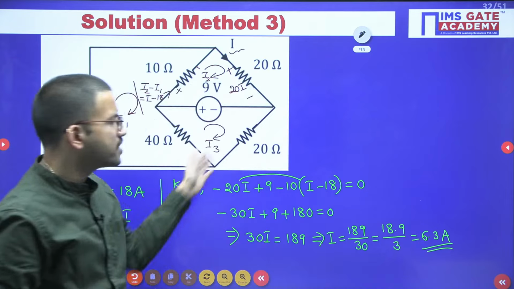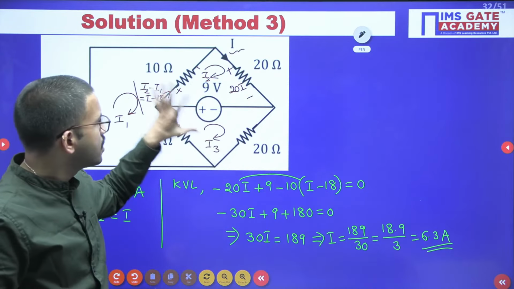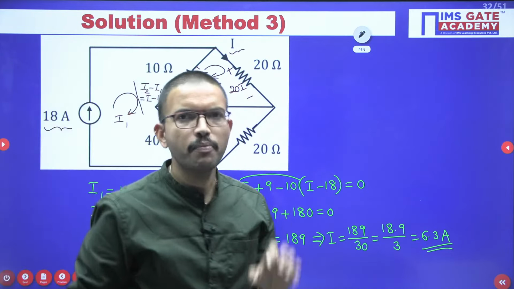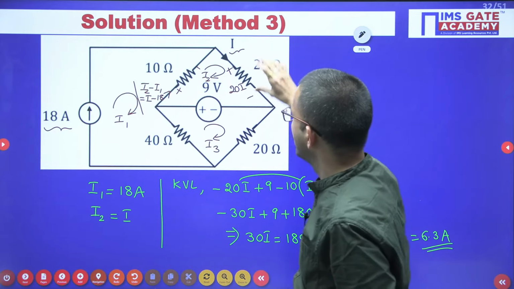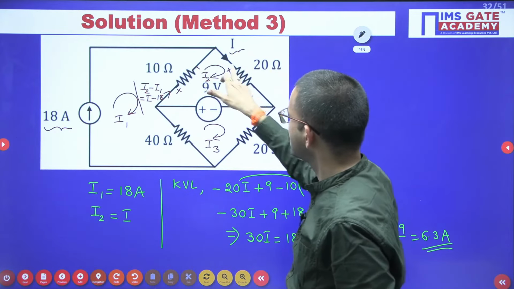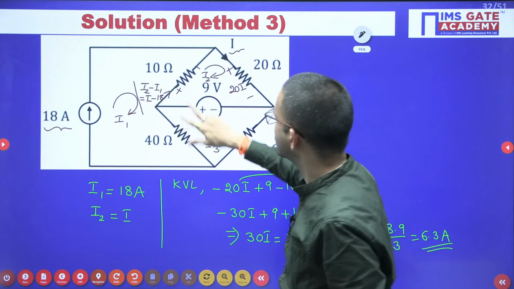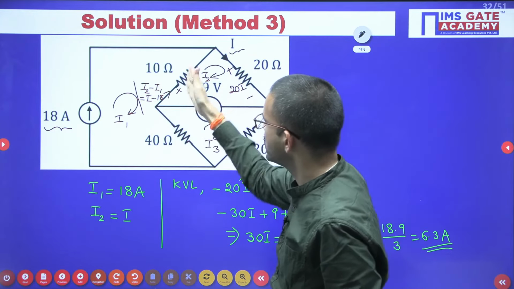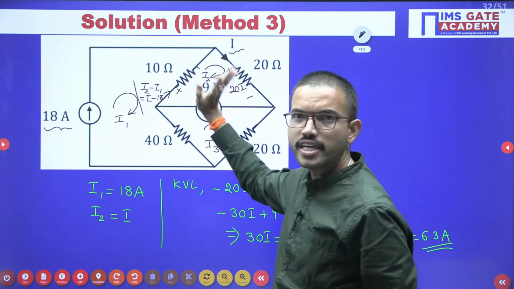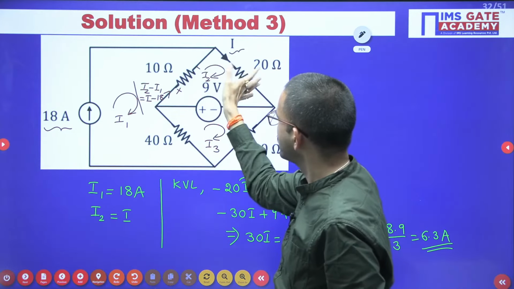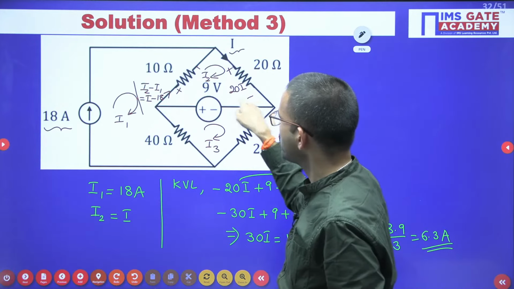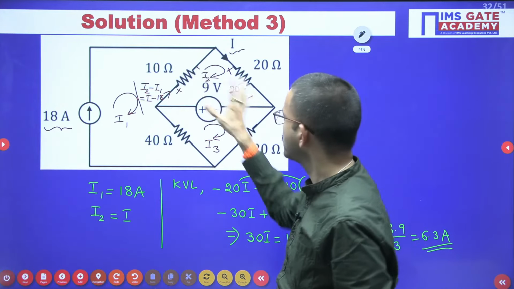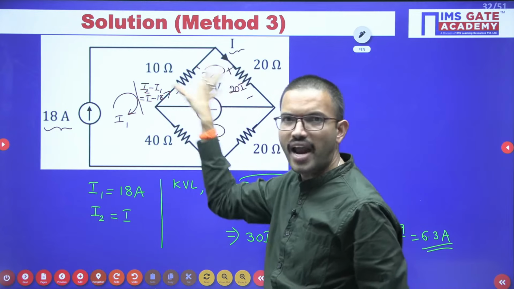Here for understanding purpose I have written the mesh equation, but this question you can directly solve without using pen and paper. The moment you observe, the current is entering like this, and the voltage polarities are plus minus. Similarly here, mesh current is entering like this, voltage polarities are plus minus, right? So when you are writing the mesh equation, here the negative terminal is leaving and here also the negative terminal is leaving, so these two voltage drops you have to add.